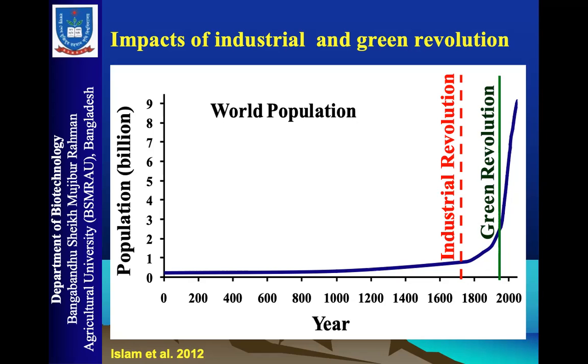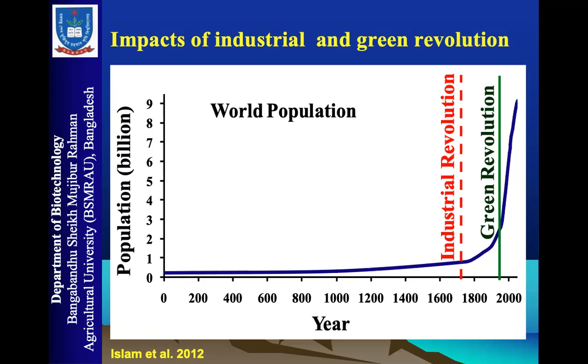But the green revolution also brought some problems. We used too many agrochemicals in agricultural productivity, and those chemicals are hazardous to the environment. This is why Bangladesh, once very rich in fishes in the rivers, now has rivers almost free from fishes.